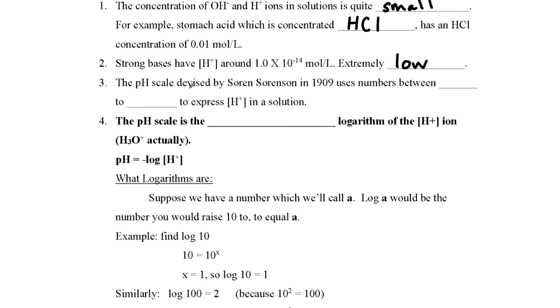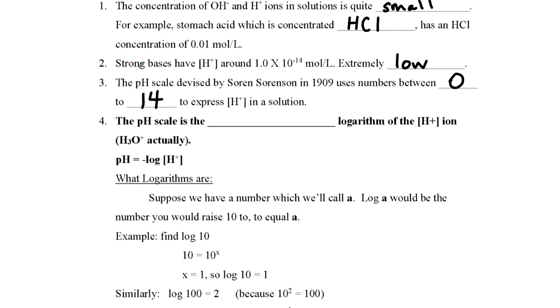The pH scale was devised by Sorensen in 1909, and it uses the numbers between 0 and 14 to express the hydrogen ion concentration in a solution.